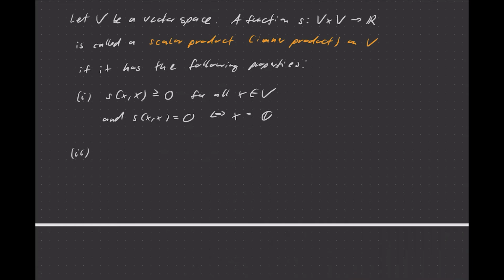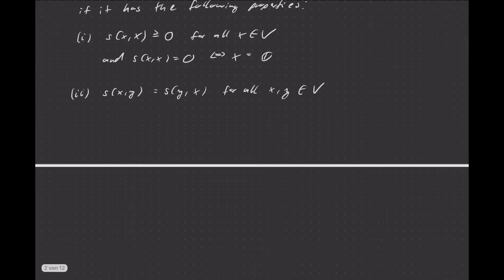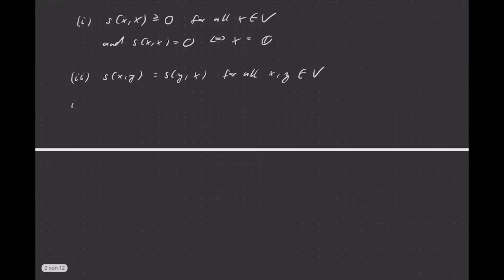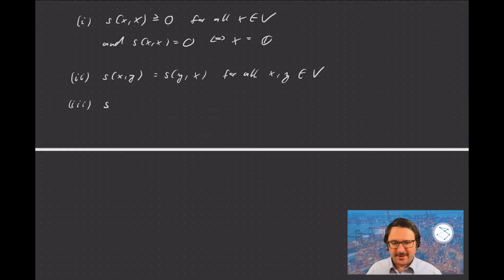Second property, we want the scalar product to be symmetric. So we want the scalar product of x and y to be the same as that of y and x for all x and y in V. And finally, and that's probably the most important and the most prominent property here, we want the scalar product to have kind of a linearity.